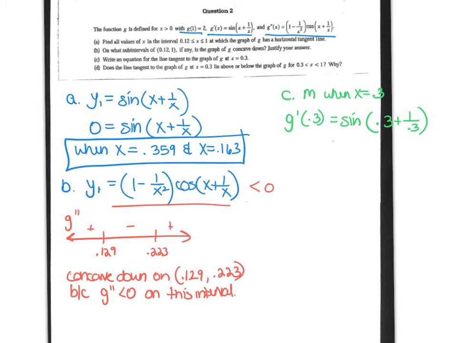And calculate that. And so that will give us negative 0.47216103333. Gave us a lot of decimal places. So that's our slope. We need an x and y for our point, and we're doing this when x is 0.3.